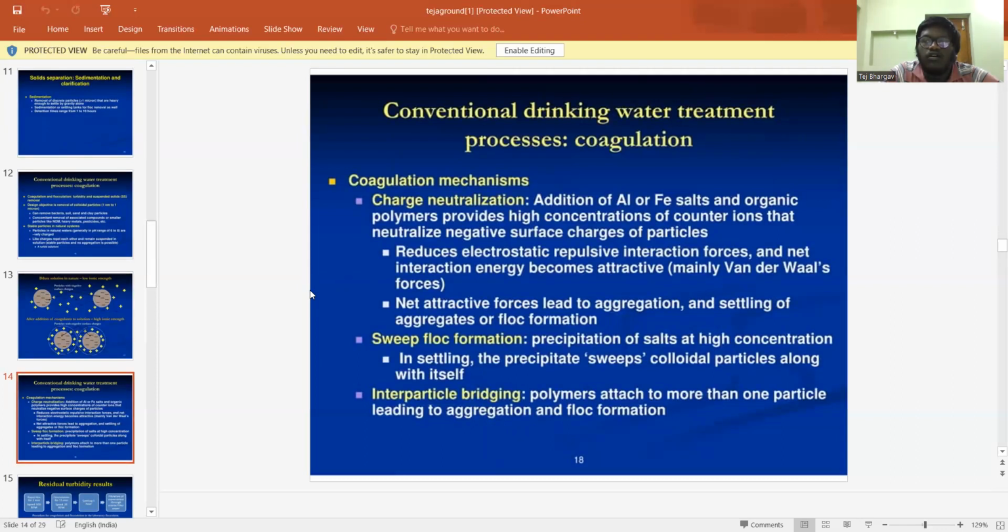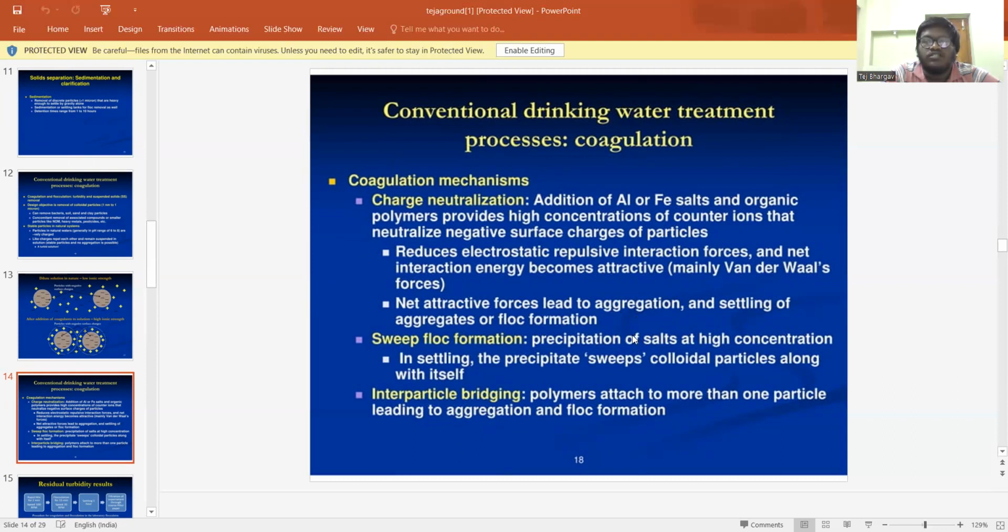Addition of Al or Fe salts and organic polymers provides a high concentration of counter ions that neutralizes the negative surface charges of particles and reduces electrostatic repulsive interaction forces, and the net interaction energy becomes attractive, mainly when van der Waals force is involved. Net attractive forces lead to aggregation and settling of aggregates, or floc formation.